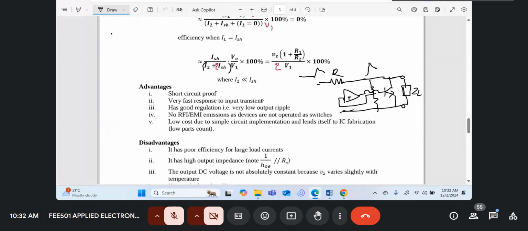Whatever is felt over here will be felt over here immediately, and whatever is felt over here will be divided by R1 and R2 at almost the same instant of time. And the correction will be done almost immediately. Of course, that depends also on the speed of the op amp.